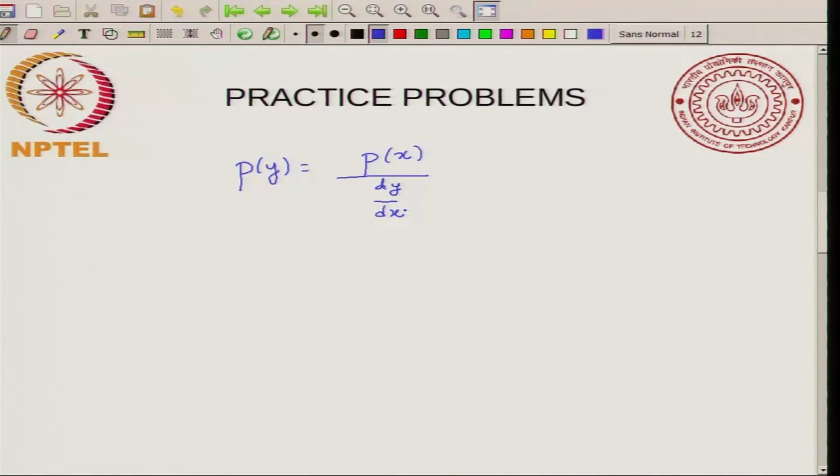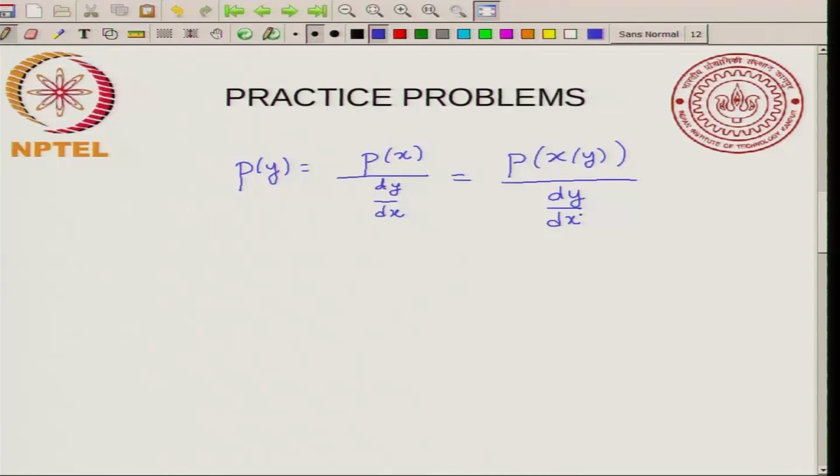Now, this equation is actually a little misleading, because in this equation you are supposed to write x as a function of y. So, I should actually write this as p of x of y. Wherever I have x in the expression for p of x, I replace it by a function of y, divided by dy by dx, and again dy by dx should be expressed as a function of y.